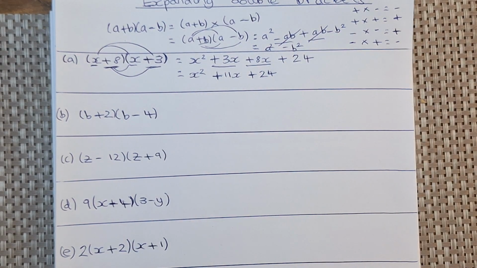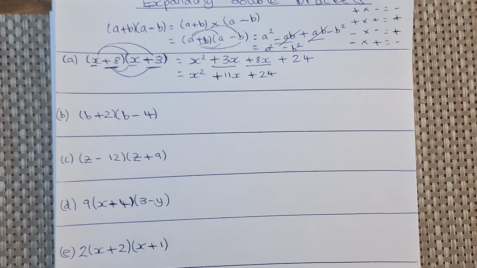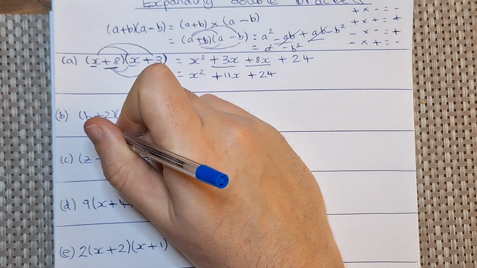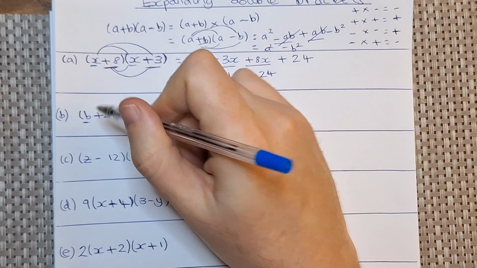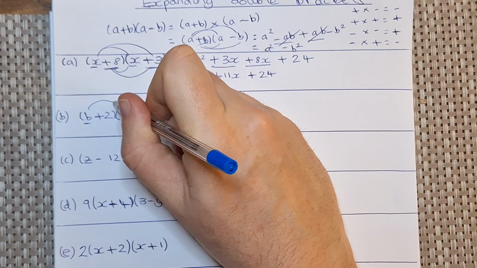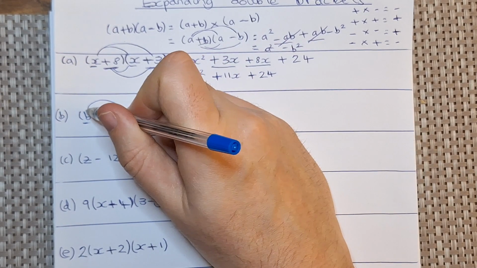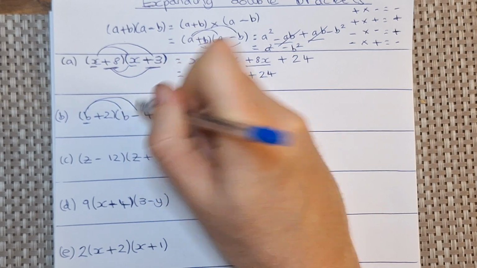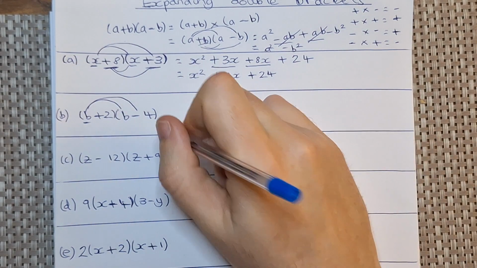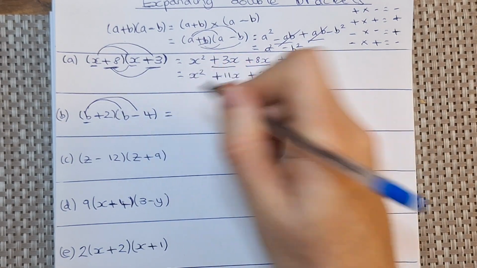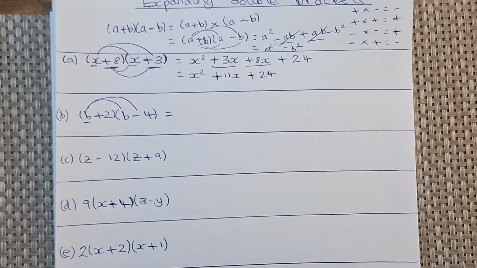Next question, we've got b plus 2 and b minus 4. So again, we're taking this term here, the b, and we need to multiply it by both terms in the other bracket. So this b and this minus 4. So b times b equals b squared.